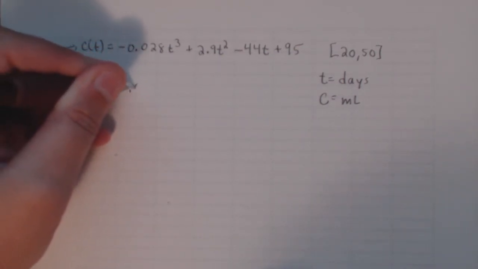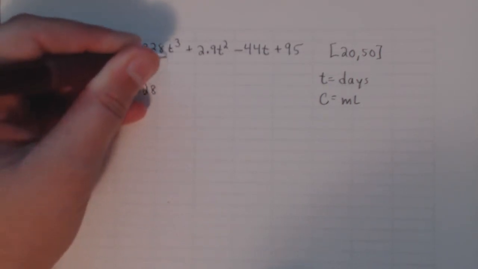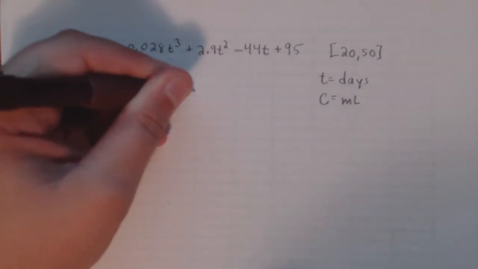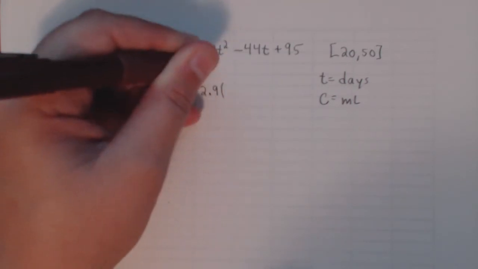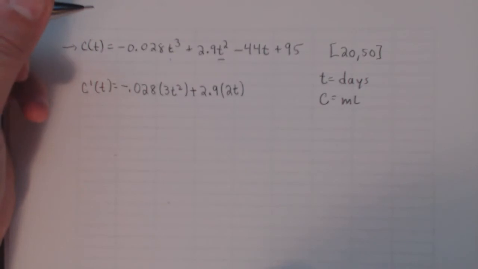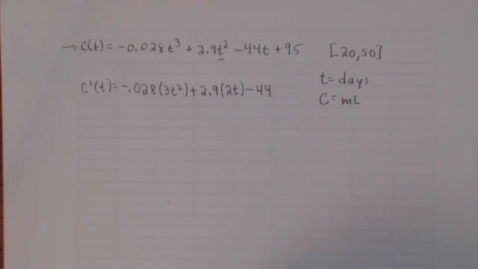I'm just going to write down my constant and then take the derivative of this t cubed, and then write down my constant times the derivative of t squared, and then the derivative of minus 44t is minus 44, and the derivative of 95 is 0. So that's my first derivative.